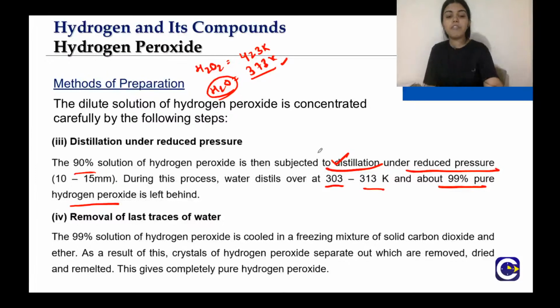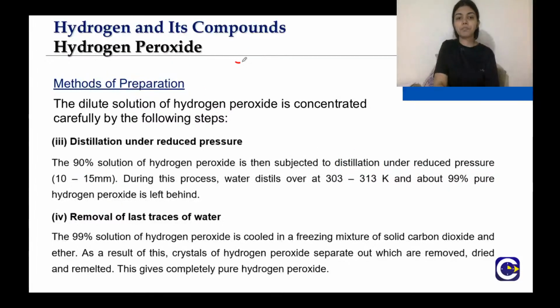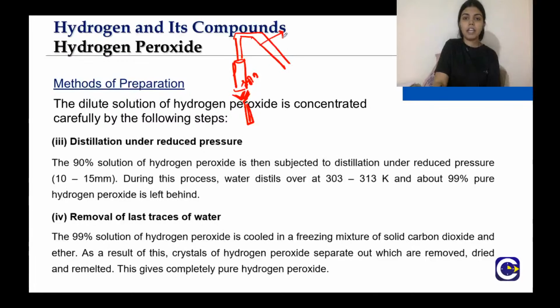Let us say what is a fractional distillation column. You're having a long column here, right, in which you are putting the solution. You are heating this on a burner, let us say, right, and a pipe is connected here like this. A condenser is placed here, and you are having a beaker here.